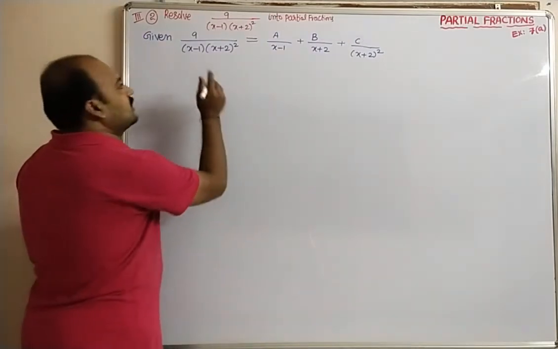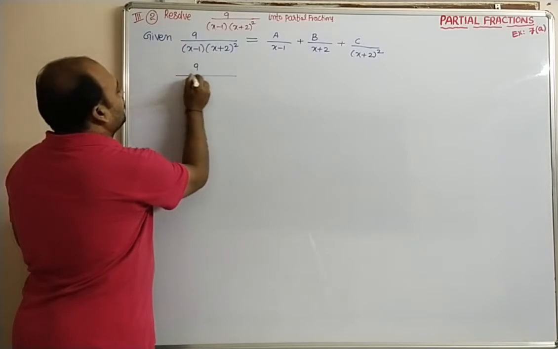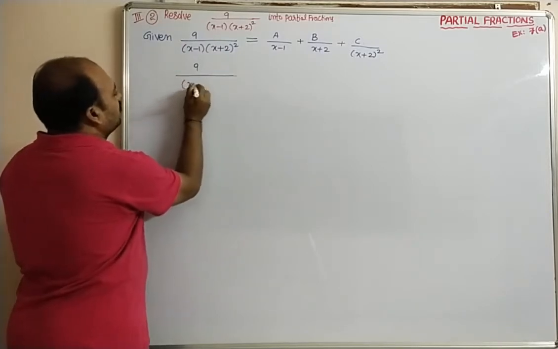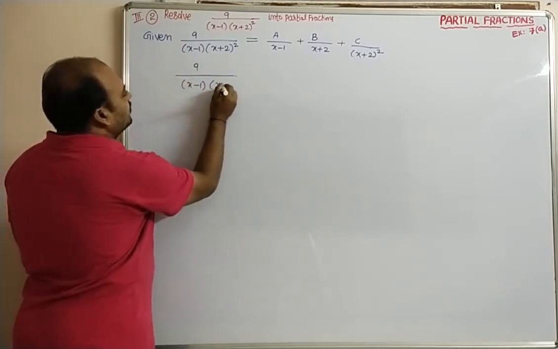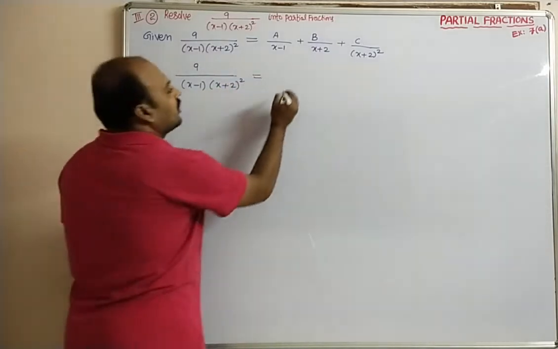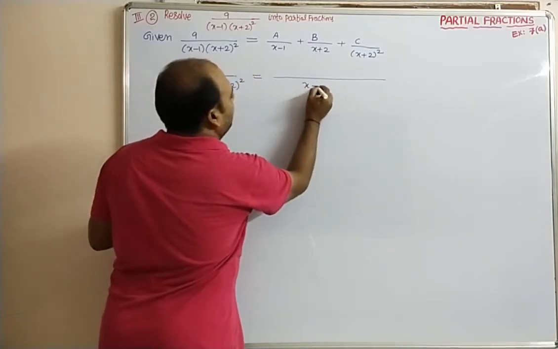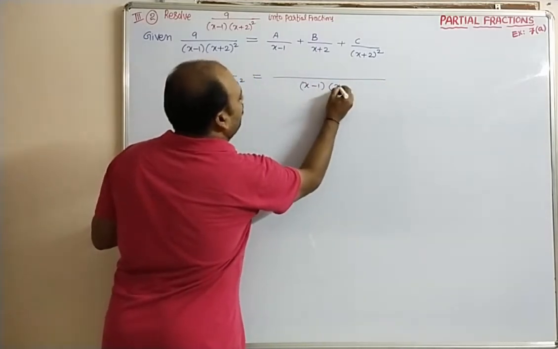On both sides take LCM first. 9 divided by x minus 1 into x plus 2 whole square, which is equal to, here the LCM is x minus 1 into x plus 2 whole square.